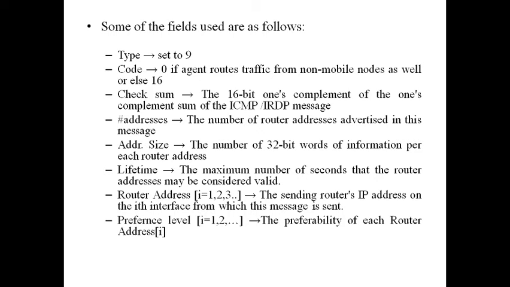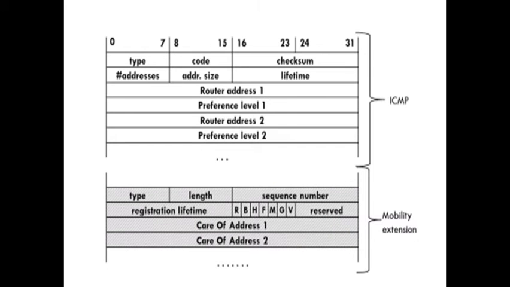Okay, this is the ICMP packet. We have discussed the first part of the diagram, that is the ICMP packet. And the second part of the diagram is nothing but the mobility extension.